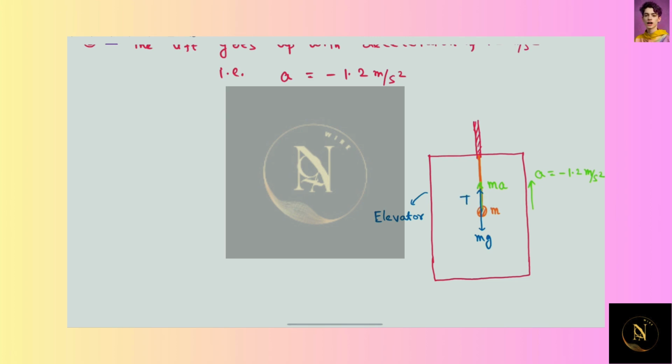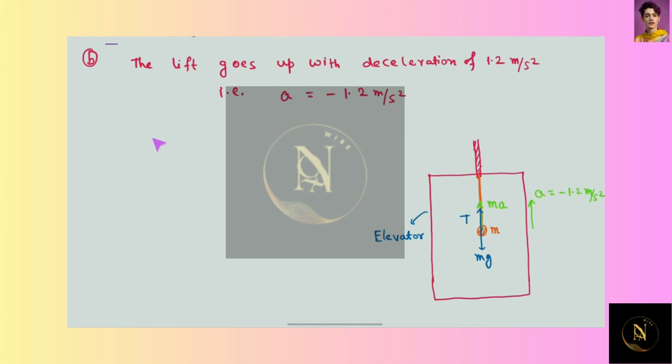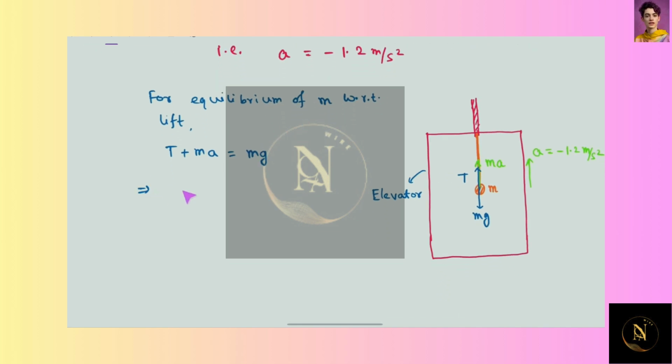Yes, mg force is acting downward, and again the tension force will be acting in the upward direction. So in this case, again, for equilibrium of m with respect to the lift or elevator, we can write that T plus ma has to be equal to mg, or the tension force on the string is going to be equal to m into g minus a.